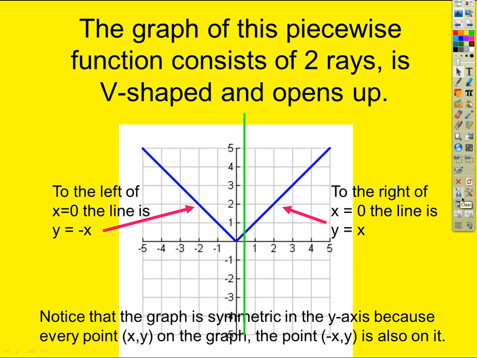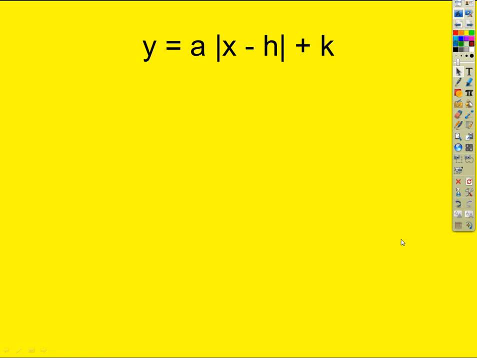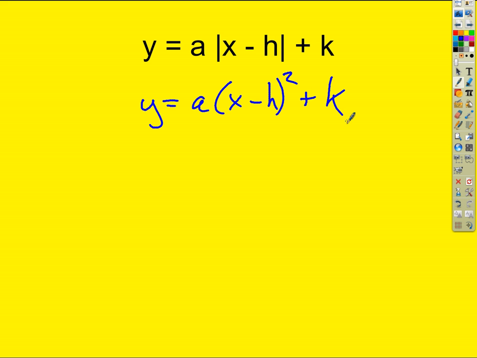All right, so moving on. We're ready to do some work with this stuff. We're always going to compare absolute value functions to this starting point. This is called vertex form. This is a great example function because we're going to see something later in the class, in the not too distant future. We're going to look at parabolas, U-shaped functions, and they're going to have that kind of form.